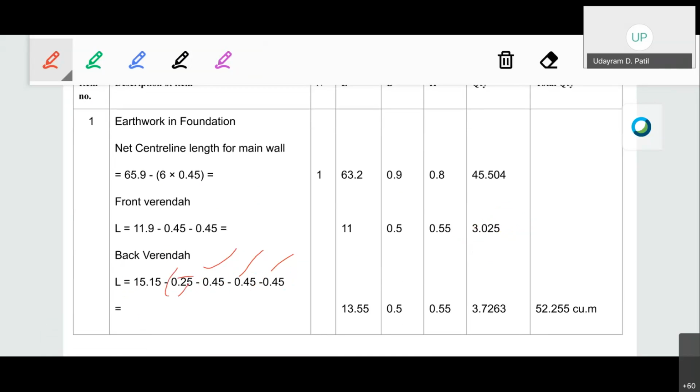Okay, 0.2 meter wide wall, therefore here we halved 0.5. Okay, so the quantities are 3.025 and 3.7263. Okay, calculate the total quantity and what we had calculated.